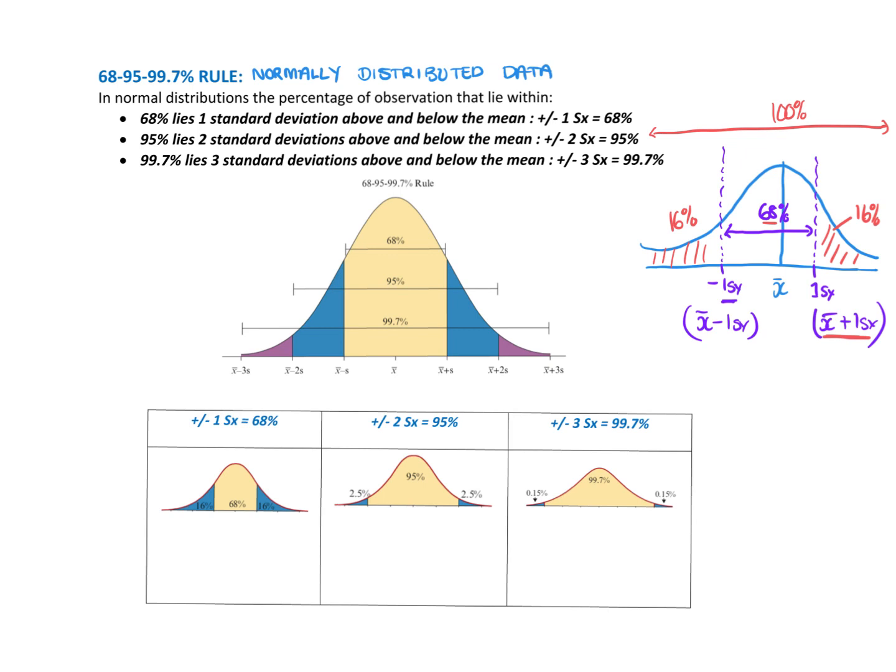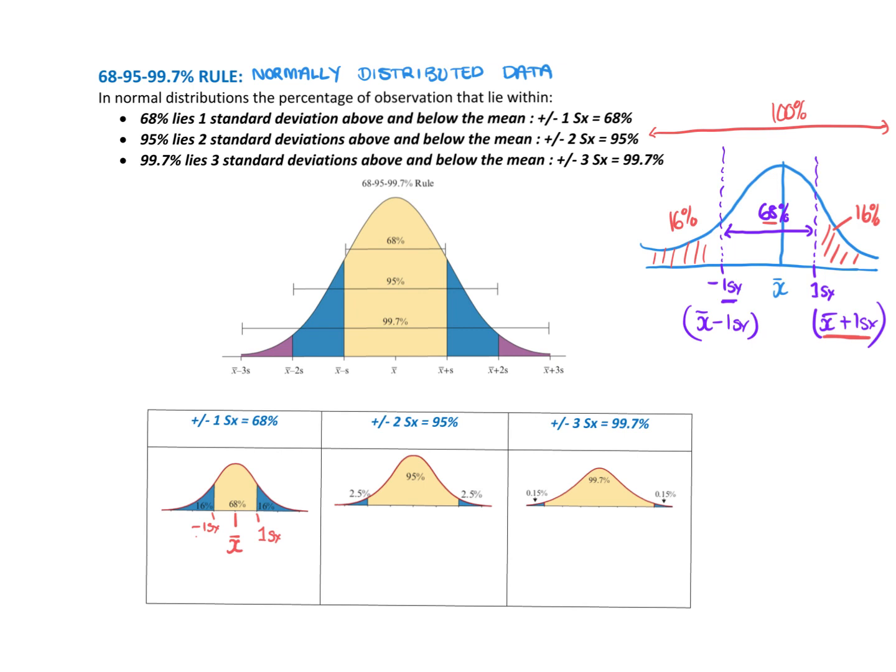So let's have a look. I drew these diagrams. So that was the mean, and we had one standard deviation above, and minus one standard deviation below. Okay, so there's that.